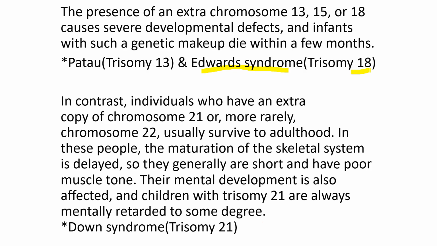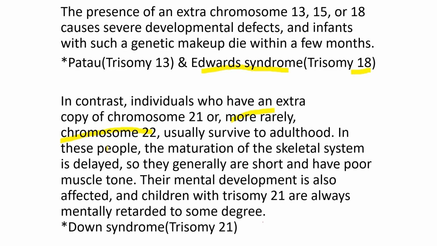Now, in contrast, individuals who have an extra copy of chromosome 21, or more rarely chromosome 22, usually will survive to adulthood. So an individual who has an extra copy on chromosome 21 or rarely on chromosome 22 will survive to adulthood. This is different if you compare with chromosome 13, 15, and 18.